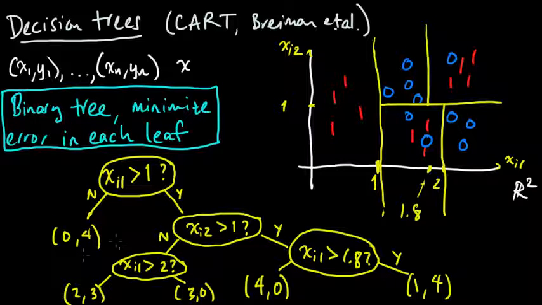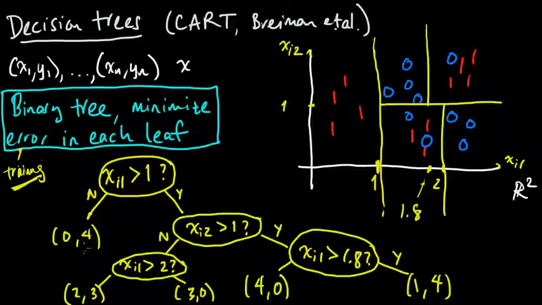So this defines a tree. We have our binary tree, and now we want to minimize the error in each leaf, in particular the training error. That is the error on our training data.